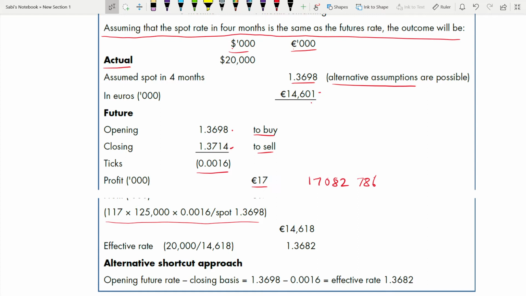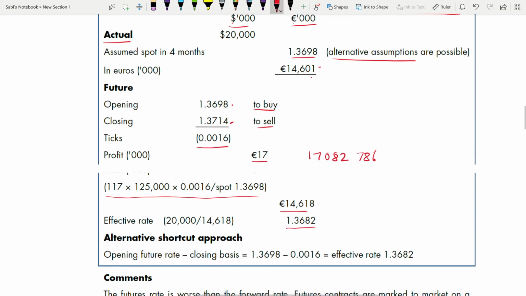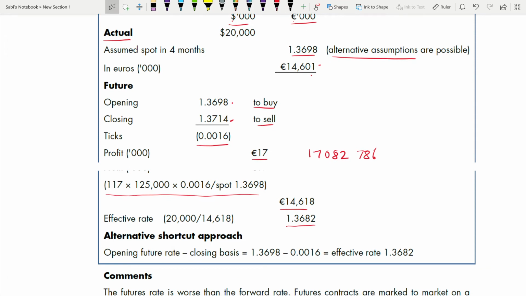Next, what is next? They are writing this, and then using this, they are getting the effective rate, which is 1.3682. Okay, basically an alternative shortcut approach.